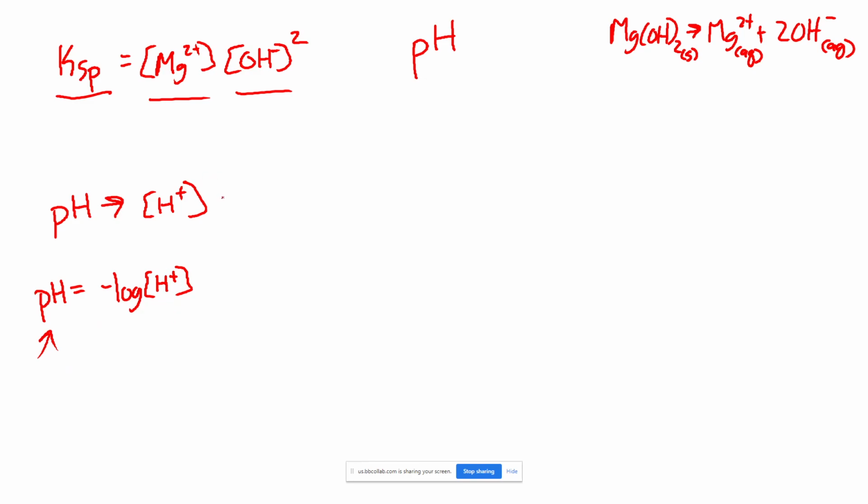And if we have H+, if you remember from that same chapter, we can get OH-, because the concentration of OH- times the concentration of H+ is, in aqueous solution anyway, always equal to 1 times 10 to the negative 14.